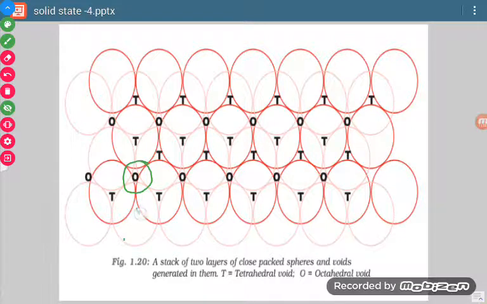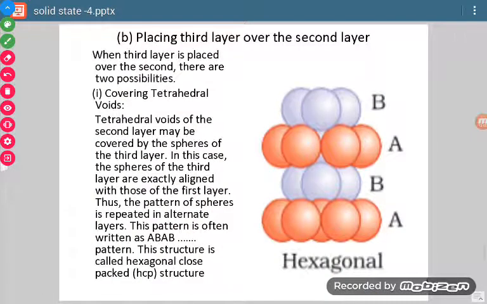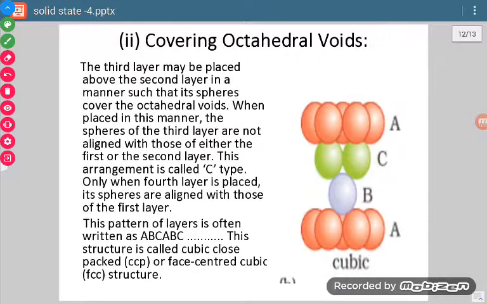This is the center of the first layer, this is the center of a sphere of the second layer, and this is going to be the center of a sphere of the third layer. So all these three are on different axes. So what type of combination is formed? ABC ABC. Okay, so two types of things are formed. This one is AB AB AB type, and this one is ABC ABC ABC type of form.